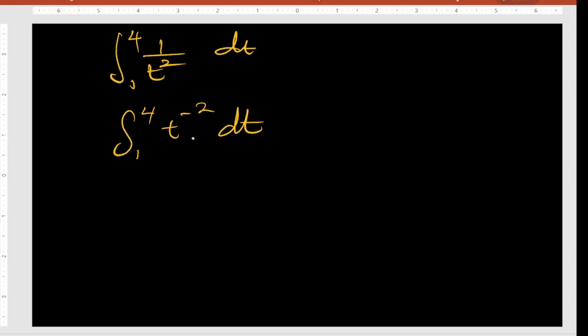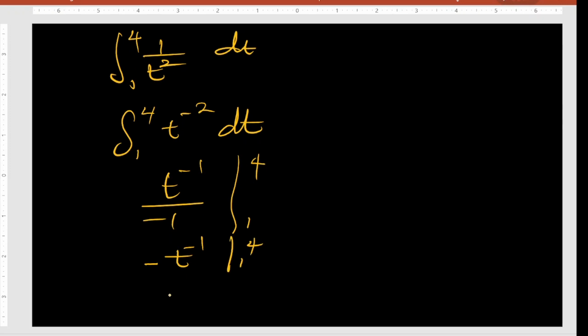Then, following the rules of integration, we increase the power by 1 and divide by the result. So this will just be negative 1 over negative 1, from a lower limit of 1 to an upper limit of 4. So this will be negative t raised to the power negative 1 from 1 to 4, or otherwise negative 1 over t from the lower limit to the upper limit of 4.